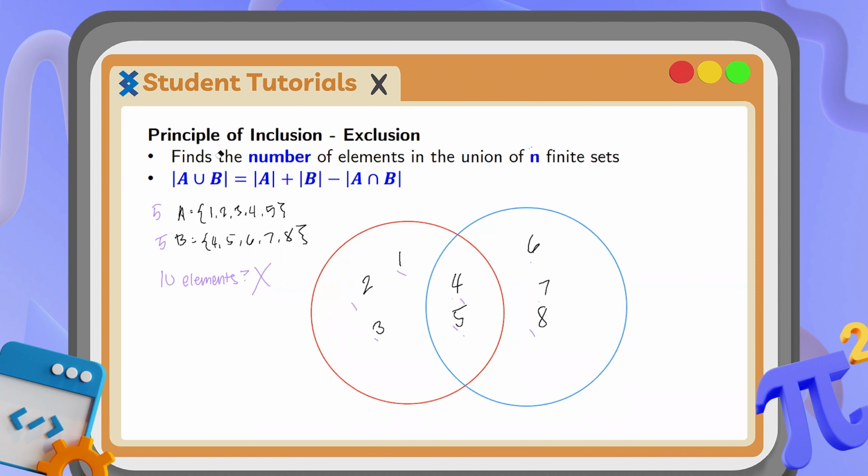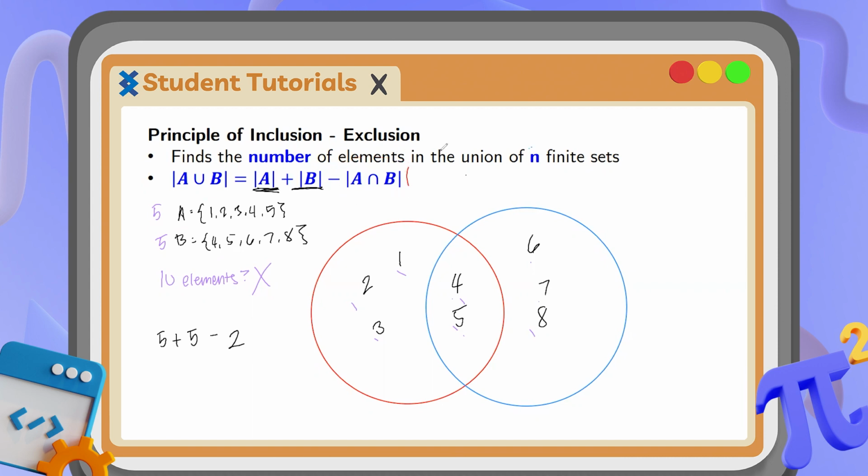So how do we actually compute the number of elements in the union of two sets? We first get the cardinality of A, which is 5, plus the cardinality of B, which is also 5, minus their intersection, which would be 2.